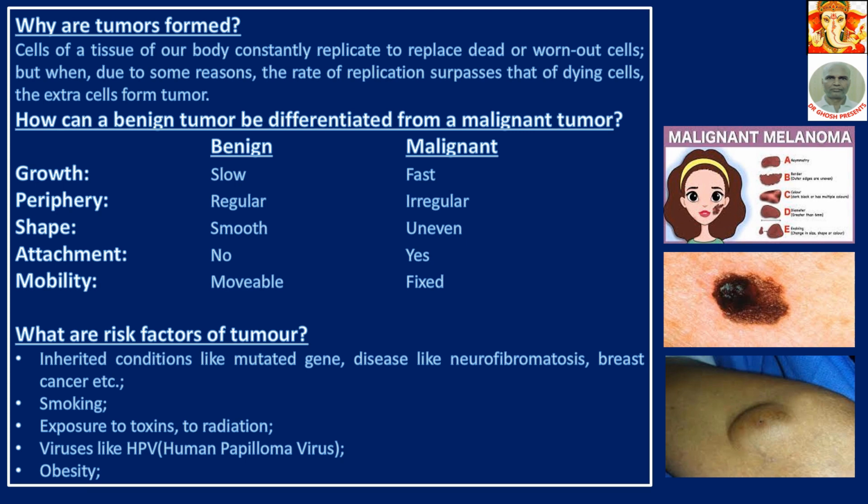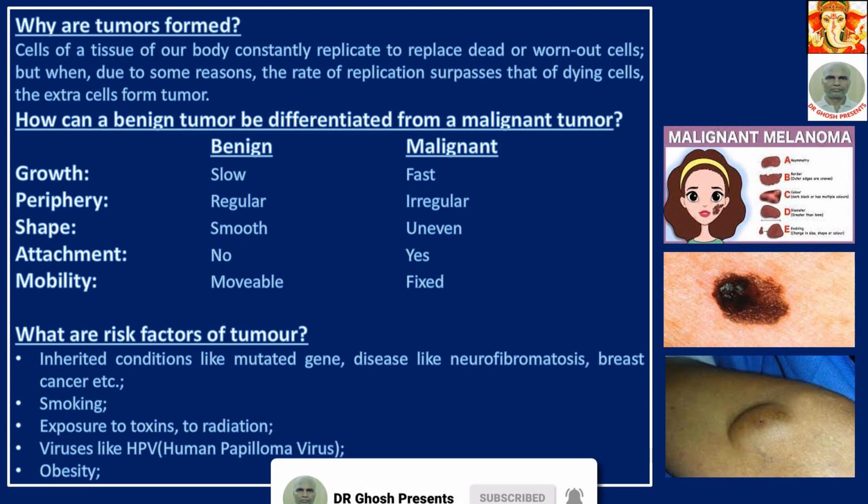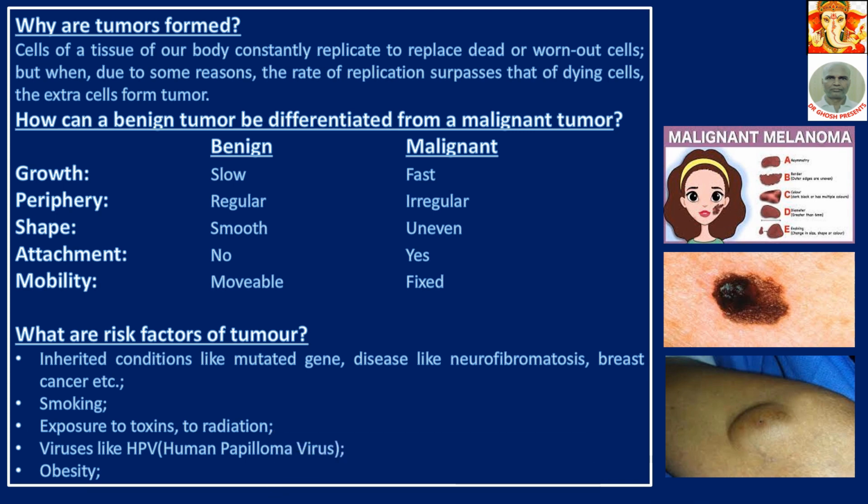Attachment: benign tumor no attachment, malignant tumor attached. Mobility: benign tumor is mobile. If you touch a tumor on the skin and try to move it, you will see that it is moving. But in case of malignant, it is fixed.